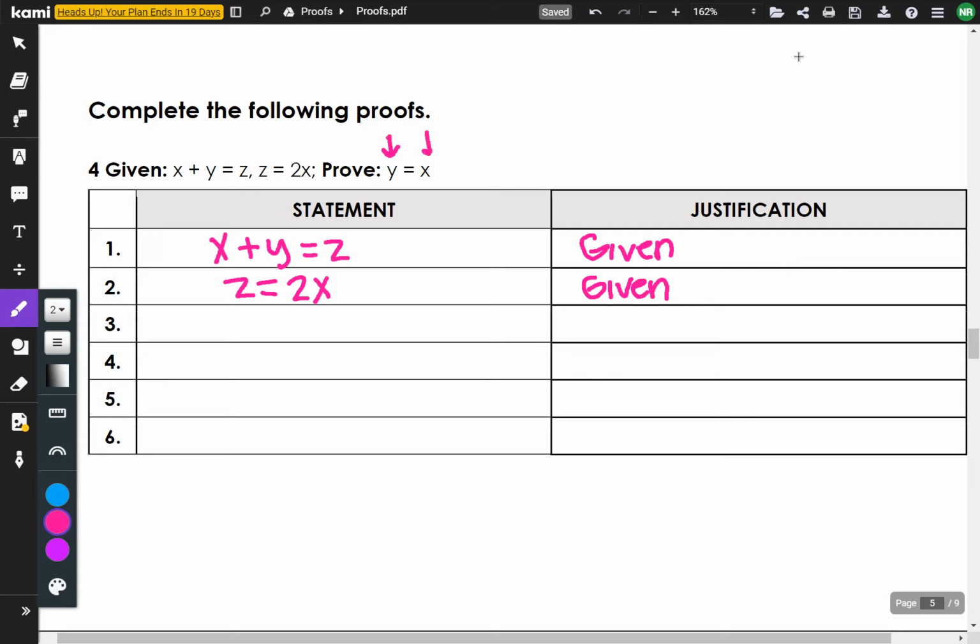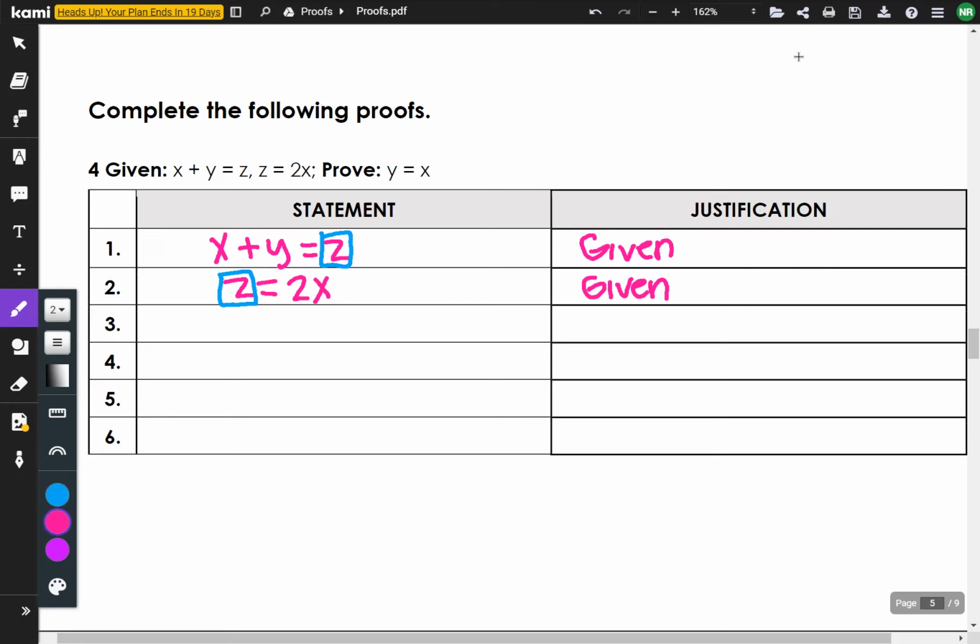We want y and x, but overall there are 3 different variables, so we can afford to get rid of one of them, which is z. If we look closely, we notice that both equations have a z alone on one side. So that means they're both equal to z, meaning they must be equal to each other.